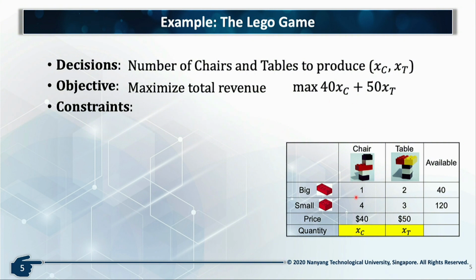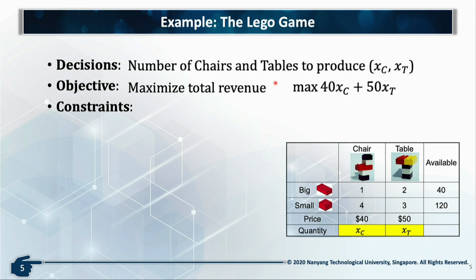So in total, if you decide to produce xc units of chairs and xt units of tables, the total revenue generated from this production plan should be 40 times xc plus 50 times xt, right? Is it clear? Very good. Now our goal is to maximize this function.